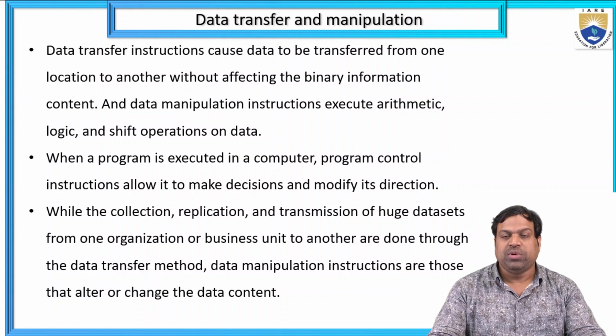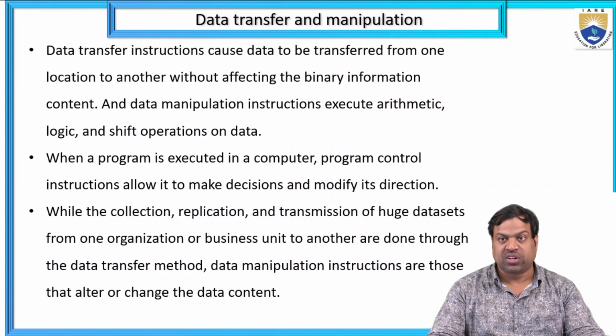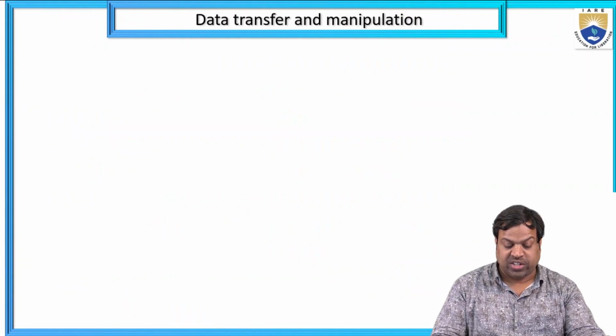When a program is executed in a computer, program control instructions allow it to make a decision and modify its direction. While the collection, replication, and transmission of huge data sets from one business unit to another are done through the data transfer method, data manipulation instructions are those that alter or change the data content.